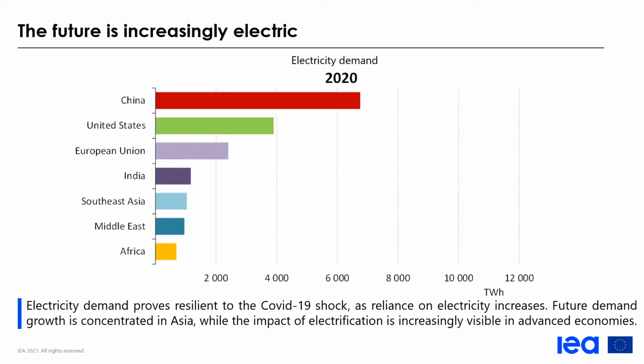You would see that electricity demand has been relatively resilient to the shock that this year experienced, because much less than other fuels such as oil or coal, electricity demand has declined by only 2% across the year, whereas the total decline was approximately 5% in final energy demand. And if you look at some regions, like China, actually there has been no decrease, but there has been an increase in electricity demand between 2019 and 2020.